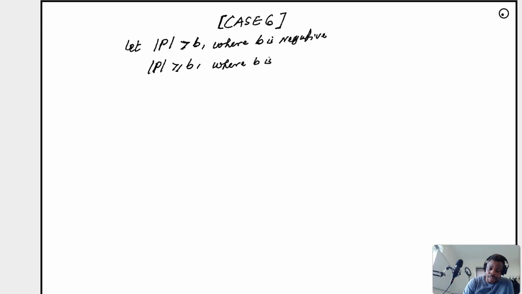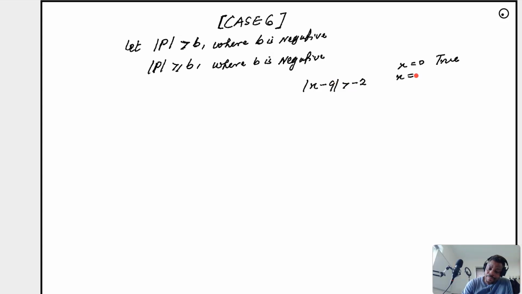For an example, let's have something like the modulus of x minus 9 greater than minus 2. So x is equal to 0. Put 0 here, that is the modulus of minus 9, which is 9. 9 is greater than minus 2, so that is true.